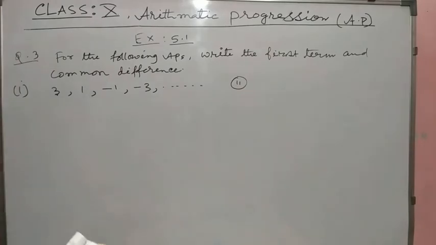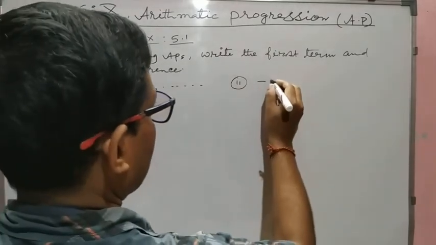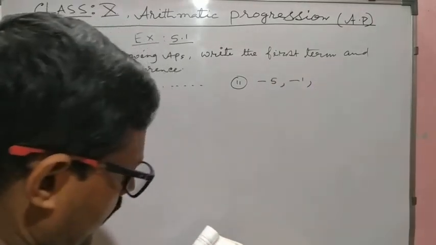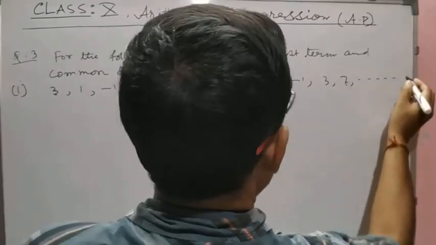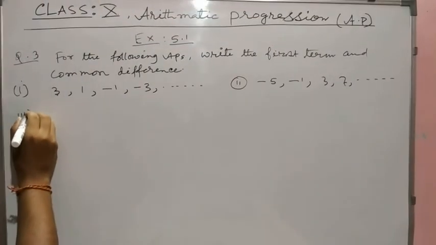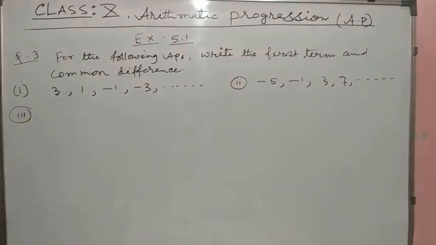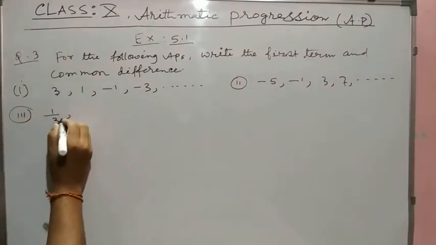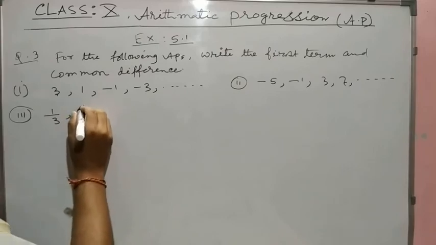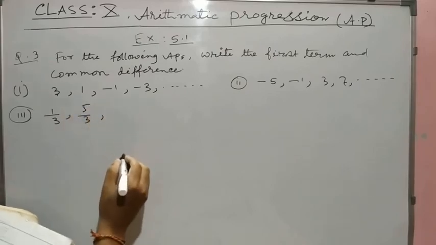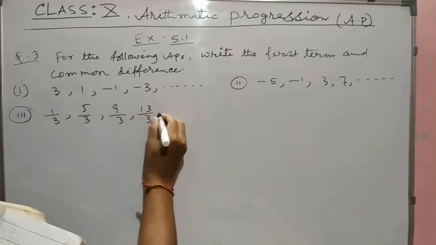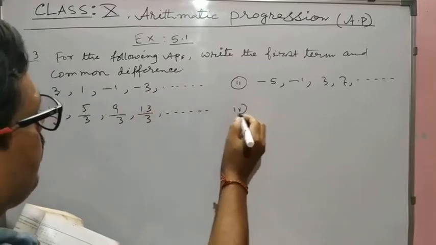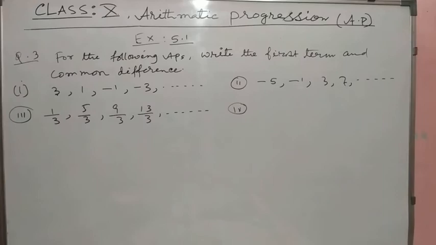Question number 2. Minus 5, minus 1, 3, 7, dot. Now question number 3. 1 by 3, 5 by 3, 9 by 3, 13 by 3, dot. Question number 4.